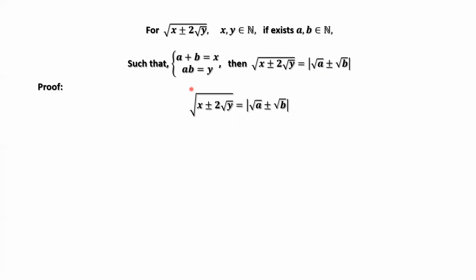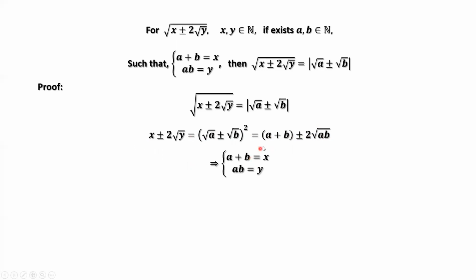Square both sides, that means the left-hand side, the square root was canceled. The right-hand side, that's a square. Simplify, we have a plus b, then plus minus 2 times square root of a, b. We compare both sides of this equation. We have a plus b equals x.